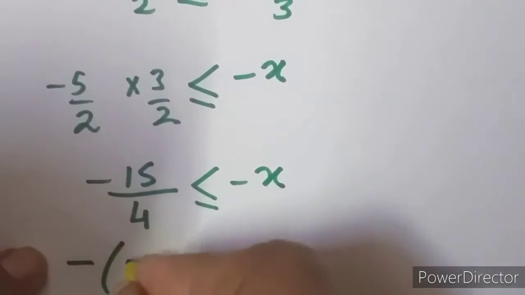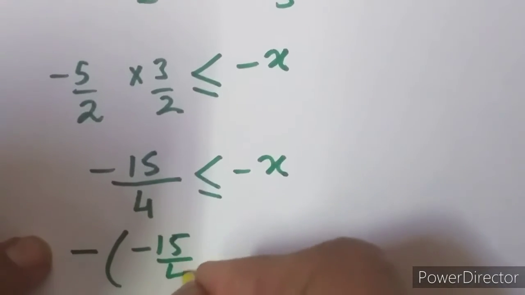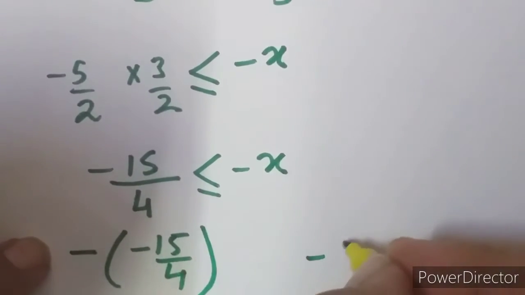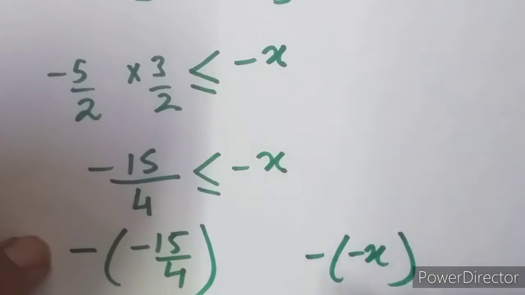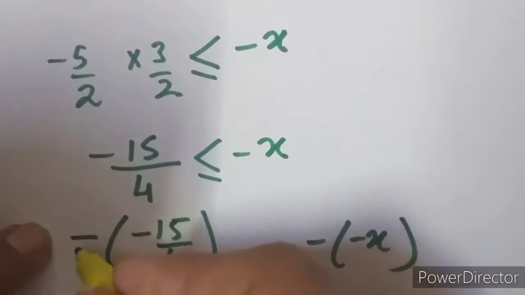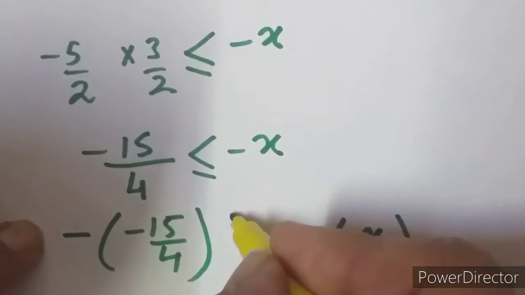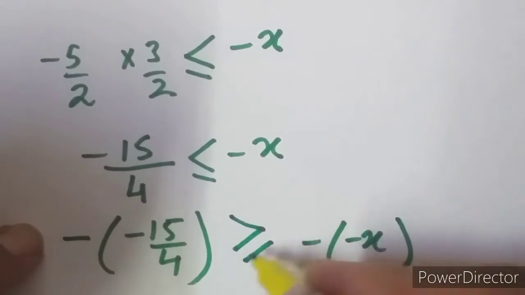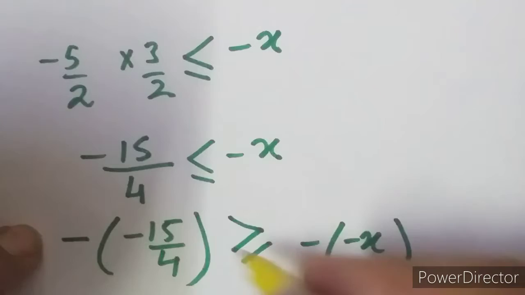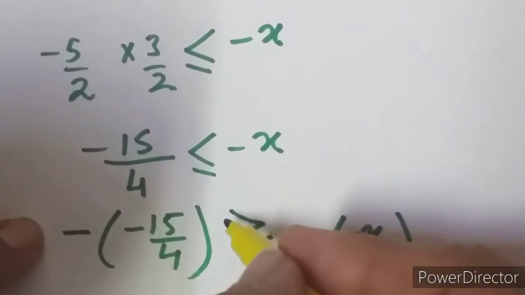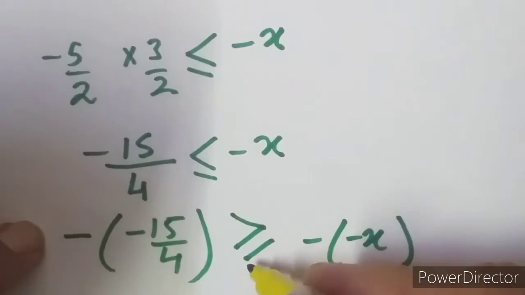Do you remember what the rule was? Multiplying both sides with a minus sign will change the sign of inequality. That is, less than or equal to will become more than or equal to.